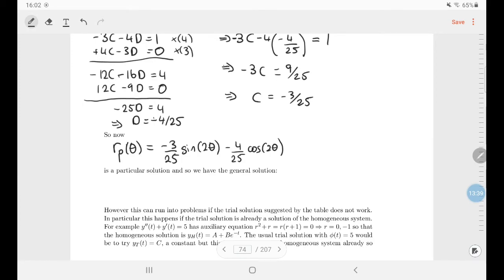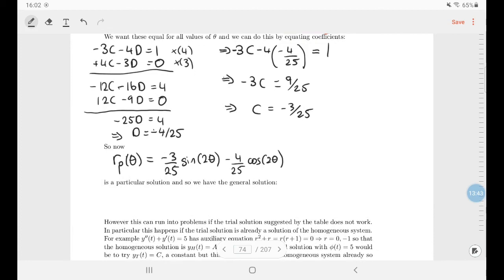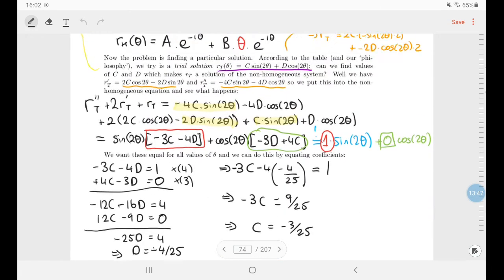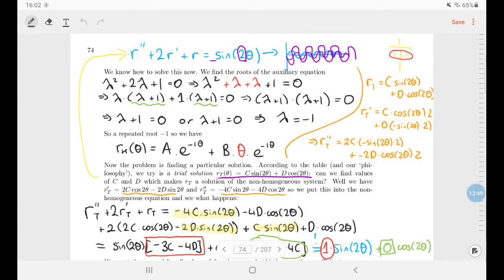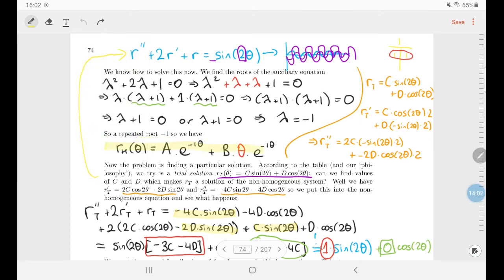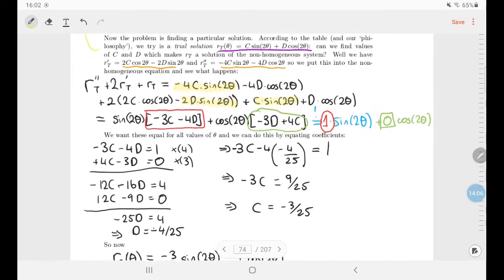So if we add this particular solution to the homogeneous, we'll probably have to go to the previous page to see the homogeneous. No, it's up the top here. Where is it? Oh yeah, it's here. So here's the homogeneous. So add that to the particular and we're done.